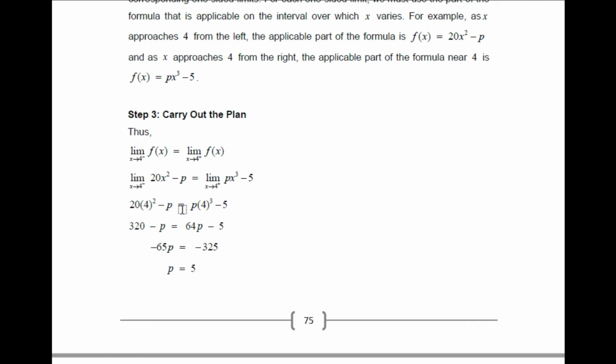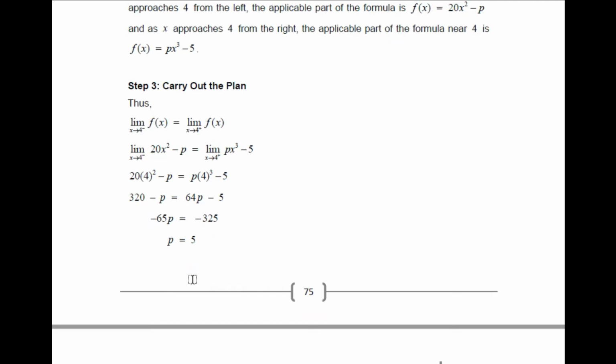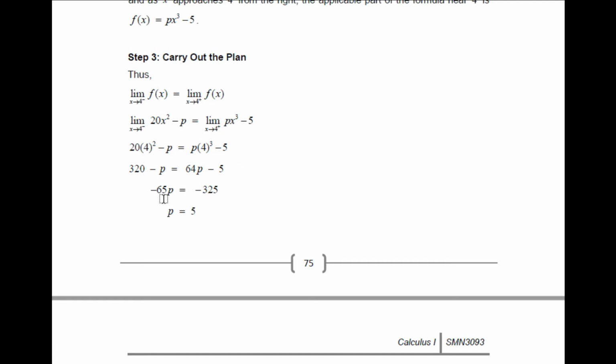For the left hand side, we get 20 multiplied by 4 squared minus p equal to p multiplied by 4 cubed minus 5, and we simplify, we get negative 65p equal to negative 325. So we get p equal to 5. So this is the value of p that we got.